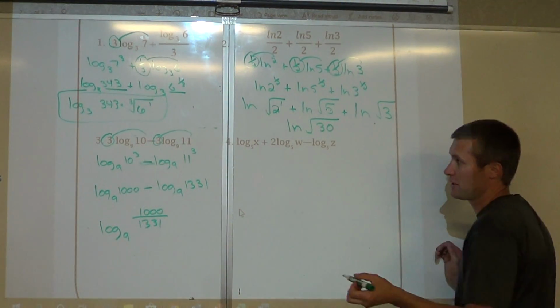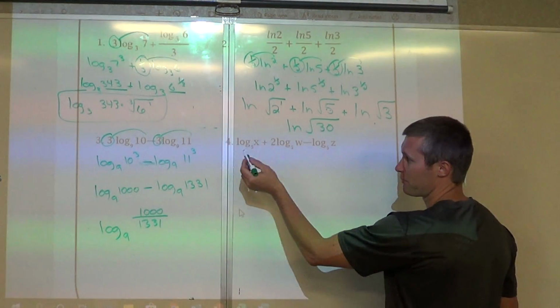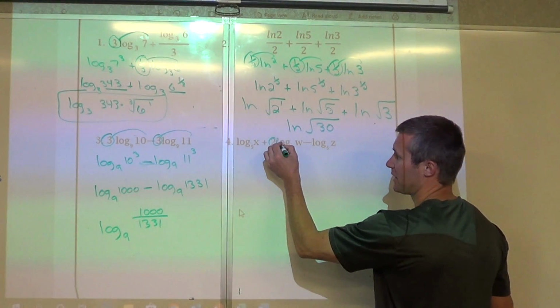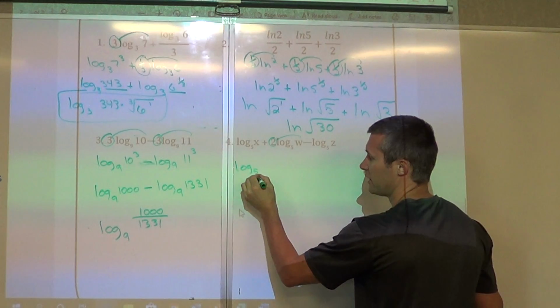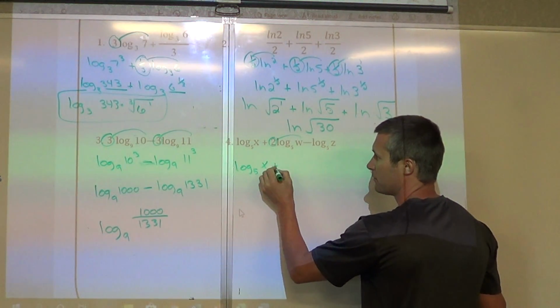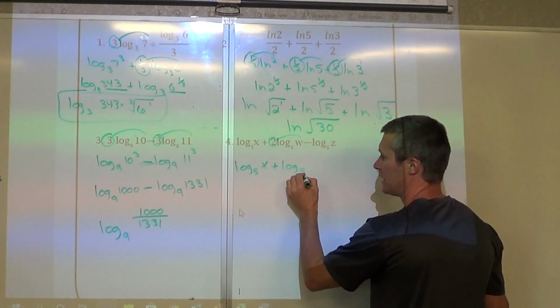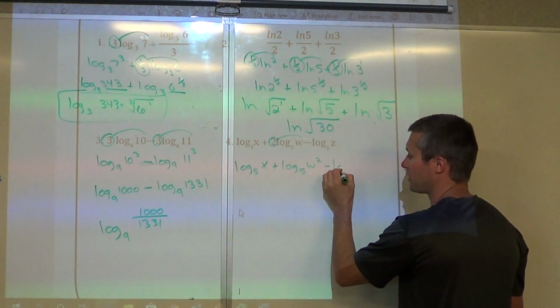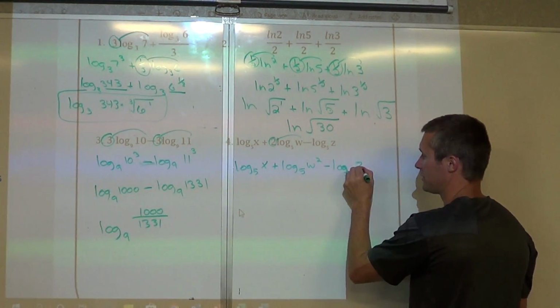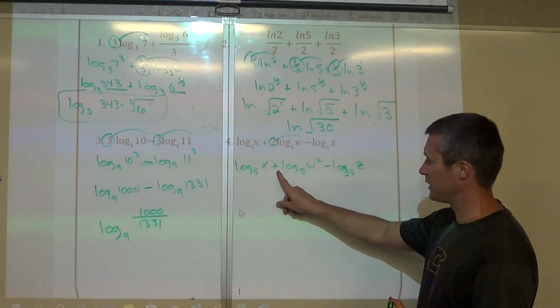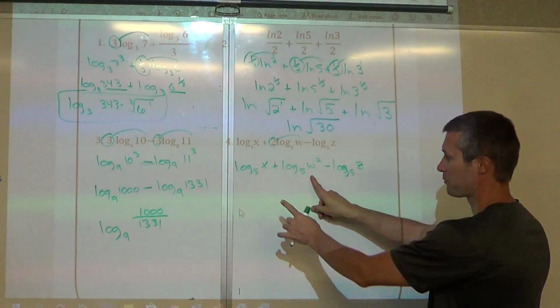Last one, this actually is pretty simple, even though it has variables. Variables actually make it easier. So that would be an exponent. So that's the only thing I would change there. Log base 5 of x plus log base 5 of w squared minus log base 5 of z. Anytime it tells me to add, then I multiply the two numbers.